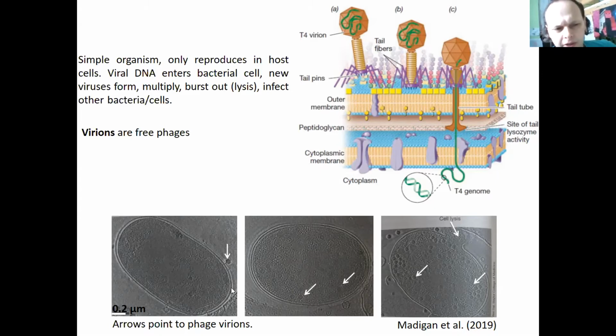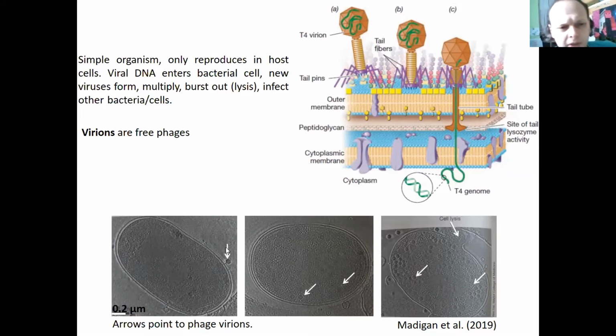Here you can see this capsid, which has a specific shape, I will talk about it later, and a tail through which this genetic material is injected into the host cell. Once this happens, the capsid floats off the bacterial cell and contributes to the total biomass.